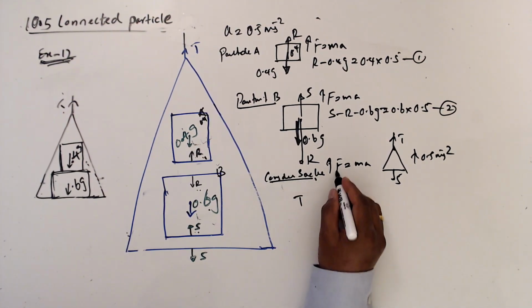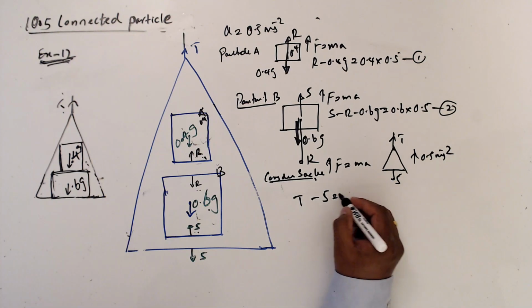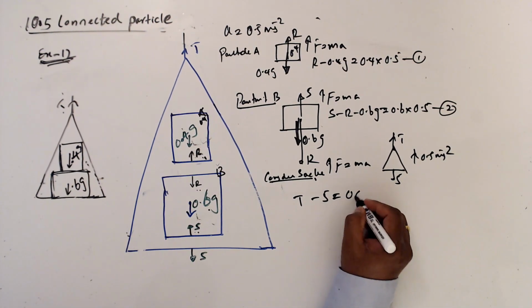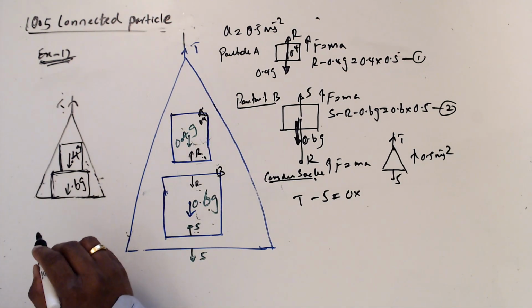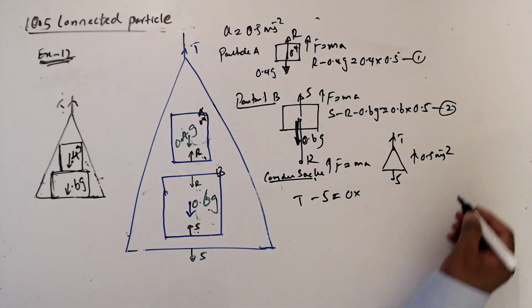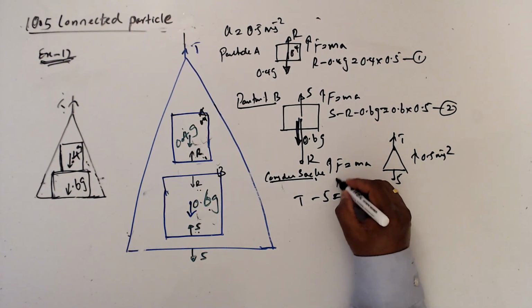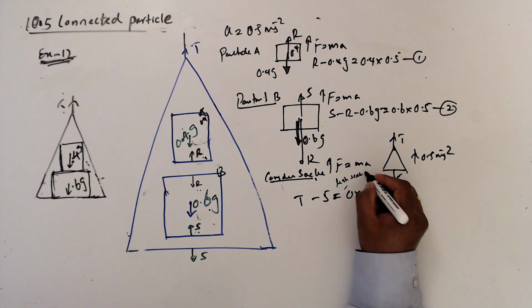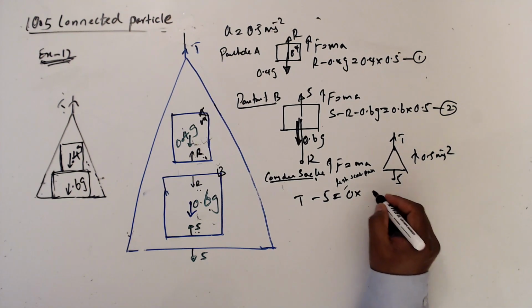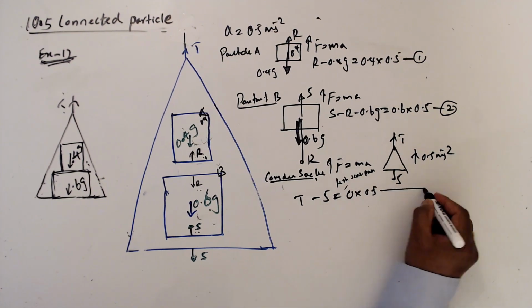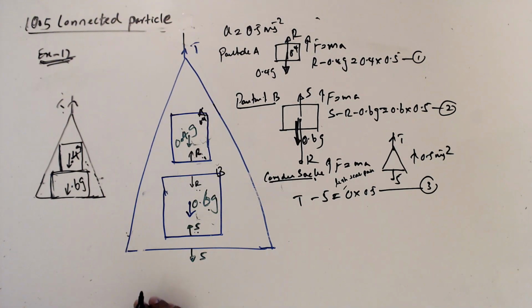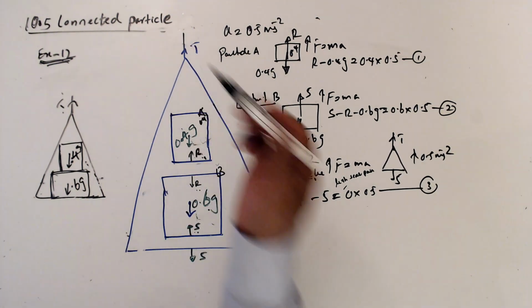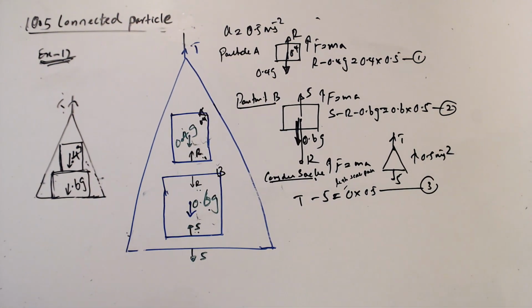Then T minus S equals, now the weight is 0 because it is considered a light scale pan. Why is it 0? Light scale pan, times A is 0.5. So this is equation 3. And this is enough. Now we can work. How many unknowns? R, S, T. Three unknowns, three equations, we can solve.